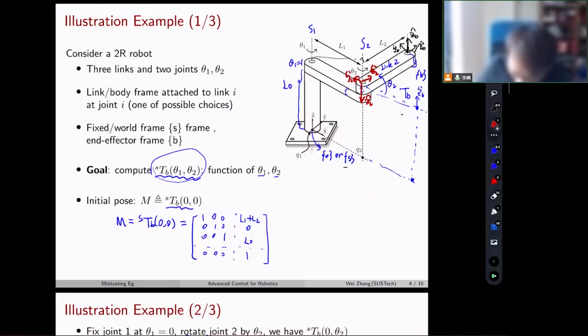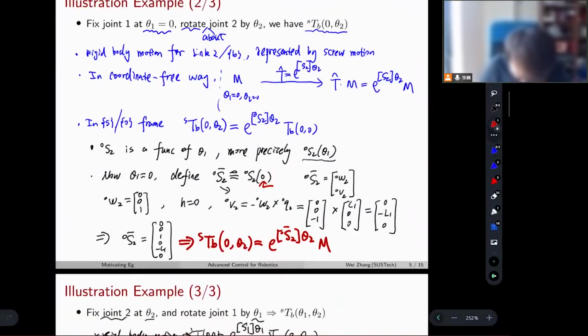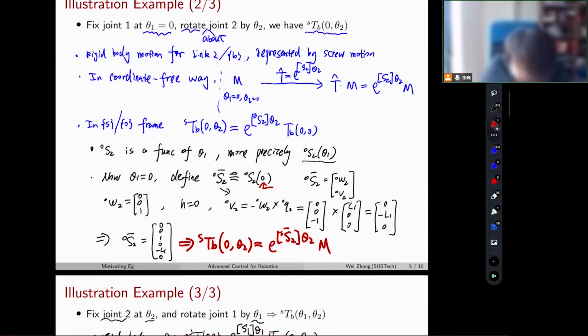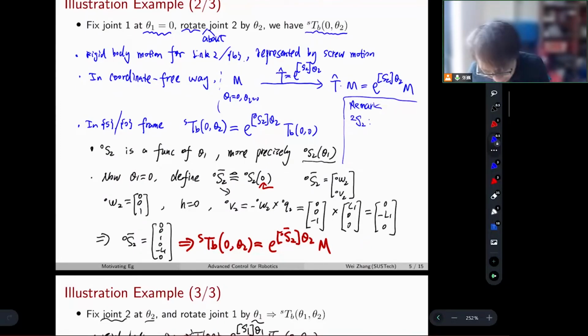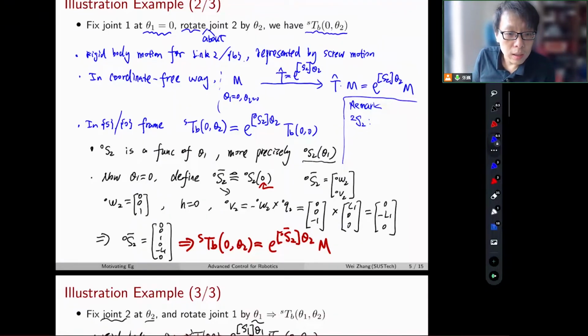So we say S2 in the O frame is a function of theta 1. Now, what about S2 in frame 2? Does this depend on theta 1, theta 2, or both?